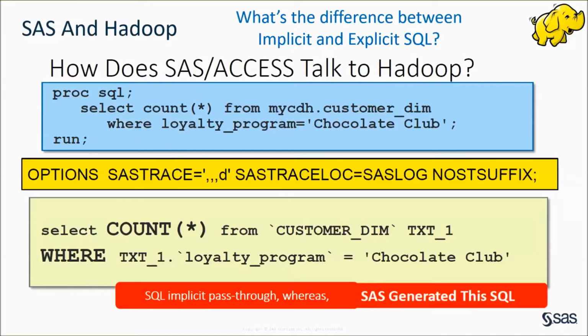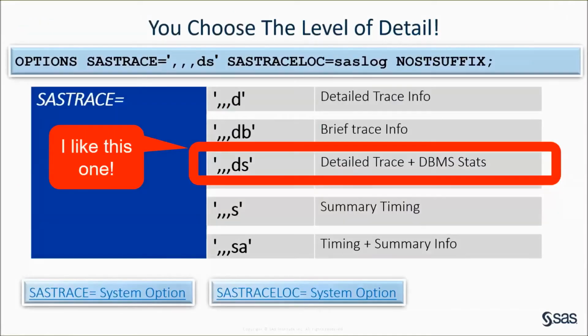And then here are the options that need to be turned on during your session so that the bottom portion of this screen, or the translated or rewritten SAS code into HiveQL, will display in the SAS log. The SASTRACE option, here is a slide that shows what I prefer in my SAS code. So I add the S on the end of the D, just so I get some additional DBMS stat information.